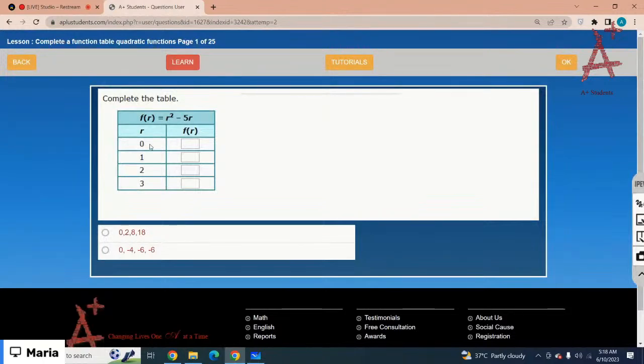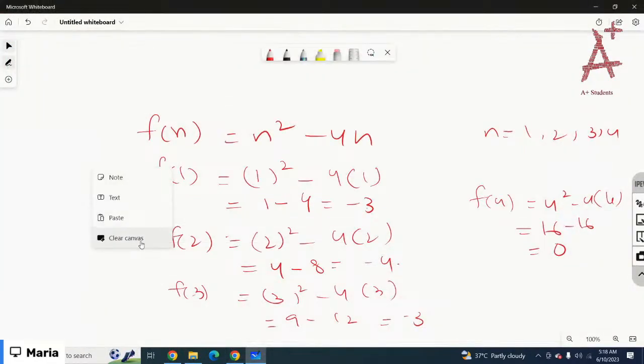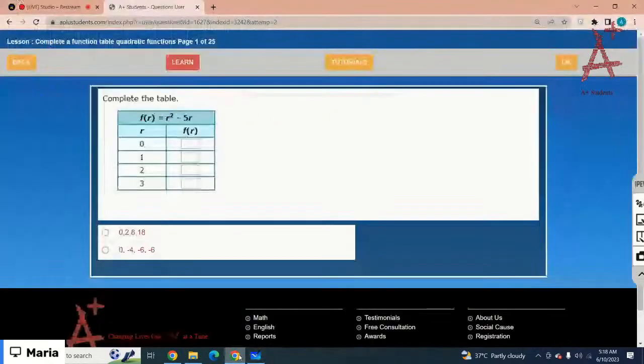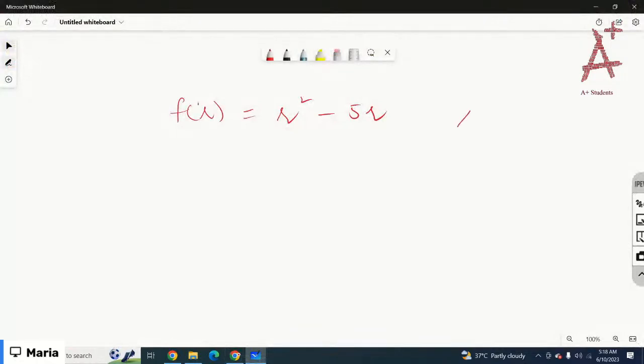You have to calculate the values for r equals 0, 1, 2 and 3. f of r equals r square minus 5r.